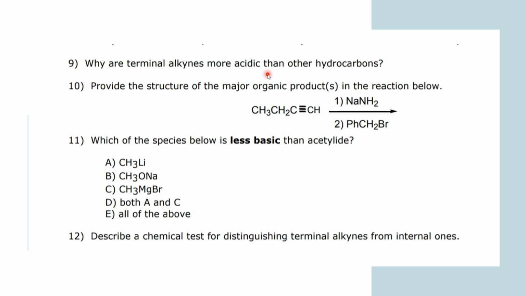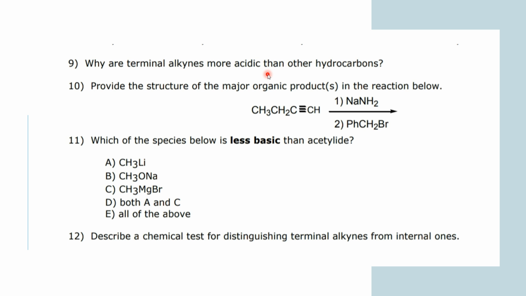Okay, so when it comes to terminal alkynes, you can visualize it as C triple bond CH. The triple bond is present on the terminal position. So what happens when a base extracts the acidic proton from the terminal alkyne? You get C triple bond C and a negative charge at the terminal carbon.